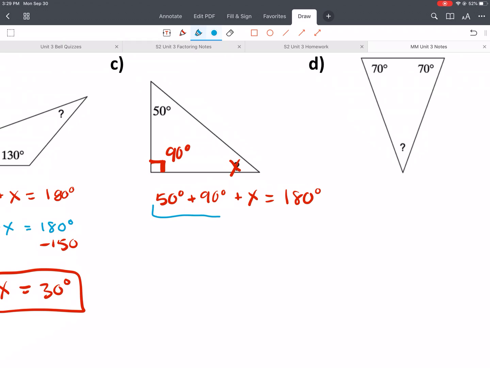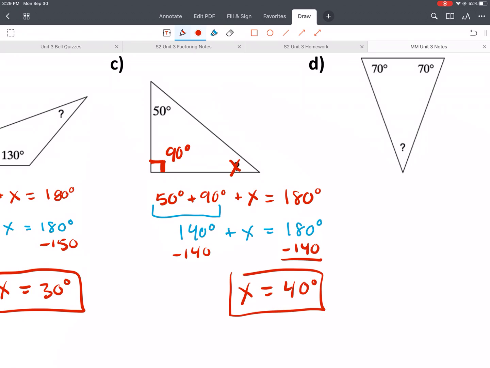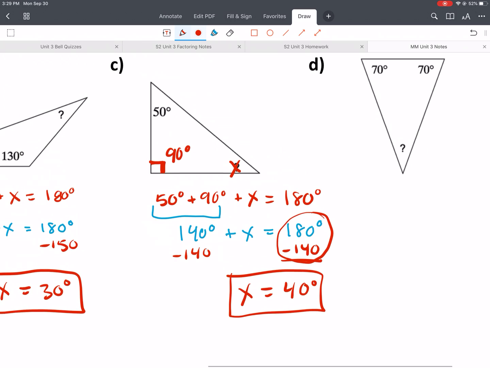Combine like terms on the left, that gives us 140 degrees plus x equals 180 degrees. And then we'll subtract 140 on both sides. We end up getting x equals 40 degrees. You can evaluate that using your calculator or just in your head.